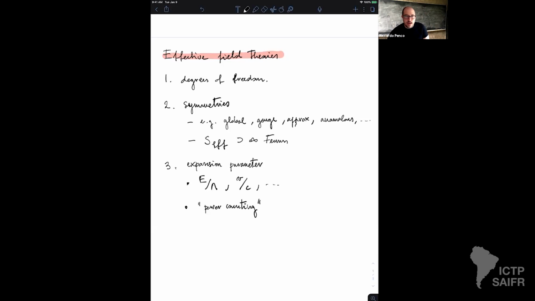This is something that I'll go into much more detail later on. But the fact that EFTs have this mechanism built in means that not only can they make you predictions, but they also give you an uncertainty on that prediction. It's another advantage of this way of looking at it. And there are others that we'll encounter in due time.